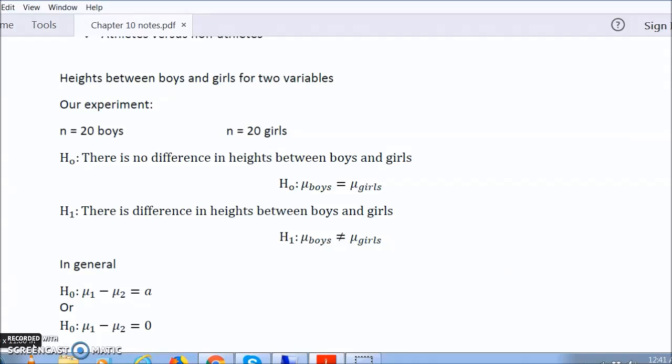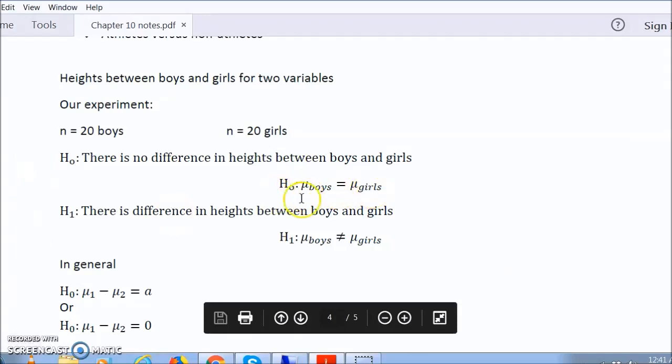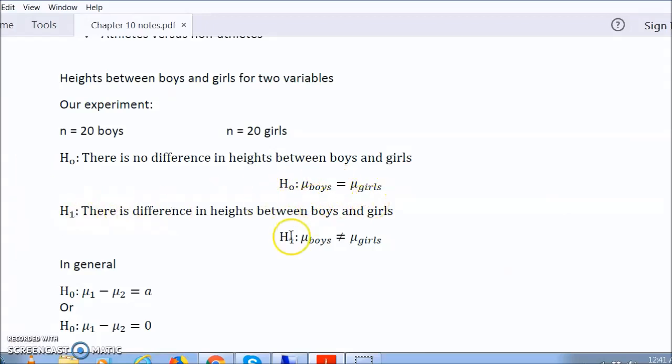When we talk about the null hypothesis, it would be that the mu of boys is equal to the mu of girls, while the alternate hypothesis would be that it is not equal. One of the things that we have been talking about is how the null hypothesis gives you a pinpoint value.